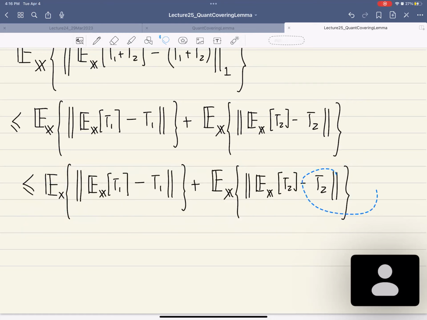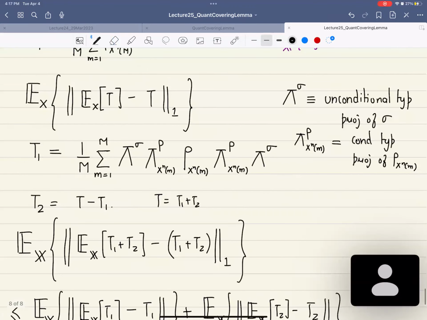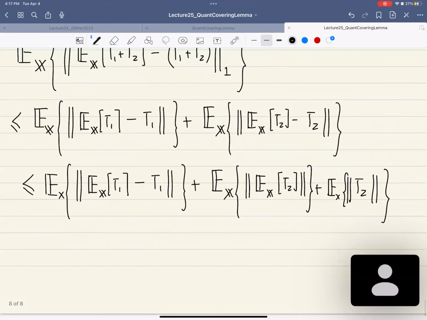Again, I'm going to use the triangular inequality and say the following. The thing is T2 is small, so you won't really have too much problem with T2. Really, the thing of real concern is T1.